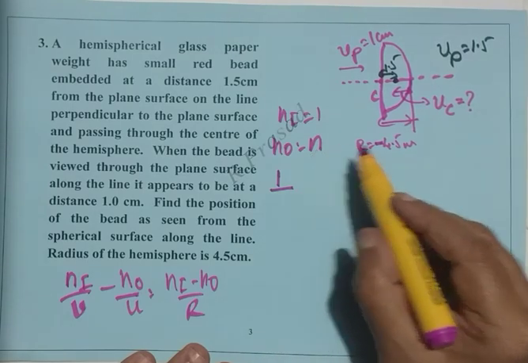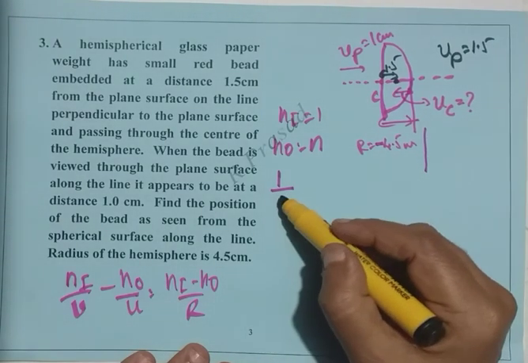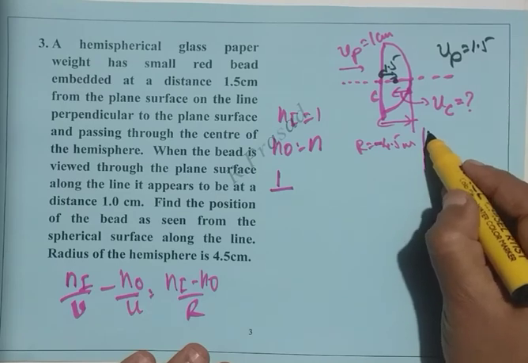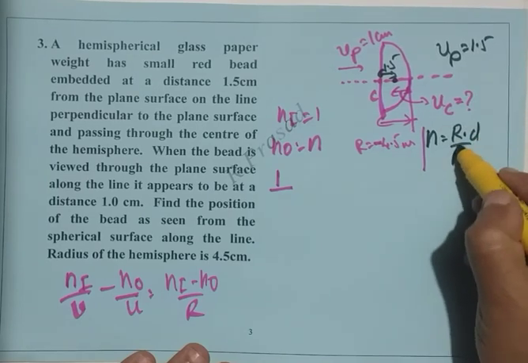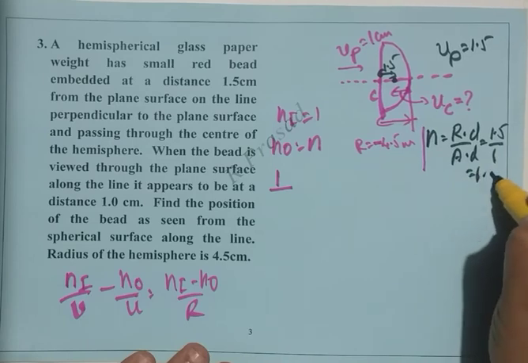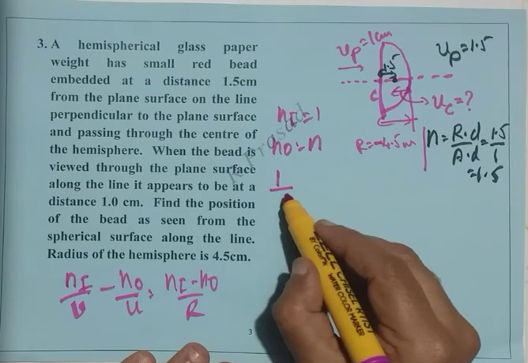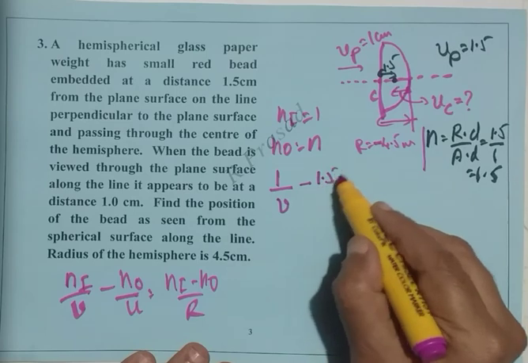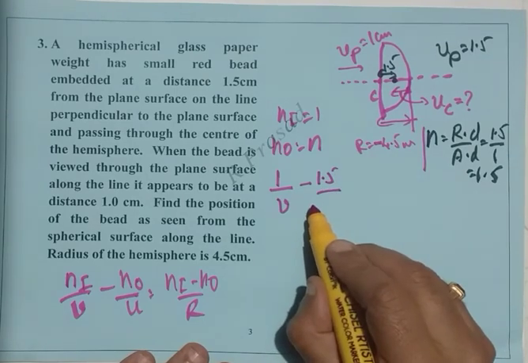But what is N? To calculate N, we have to use the plane surface refraction formula and then we come back to the substitution. Say N from the plane surface we know is from normal shift, real depth by apparent depth. It is 1.5 by 1, which is 1.5. Therefore, if we substitute that Ni is 1, N 1 by V minus NO is 1.5 by U, UC.